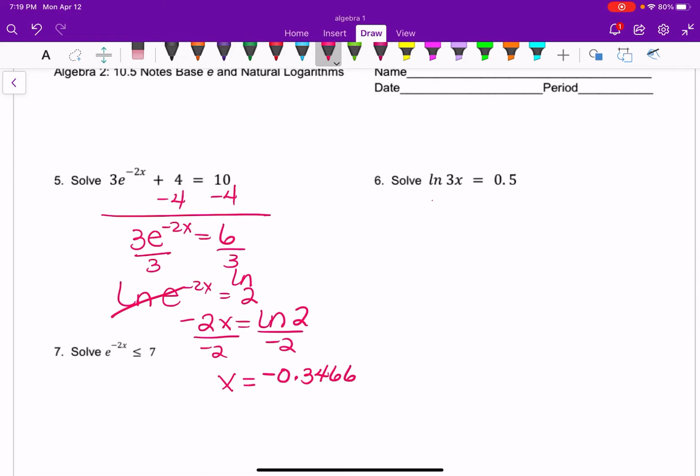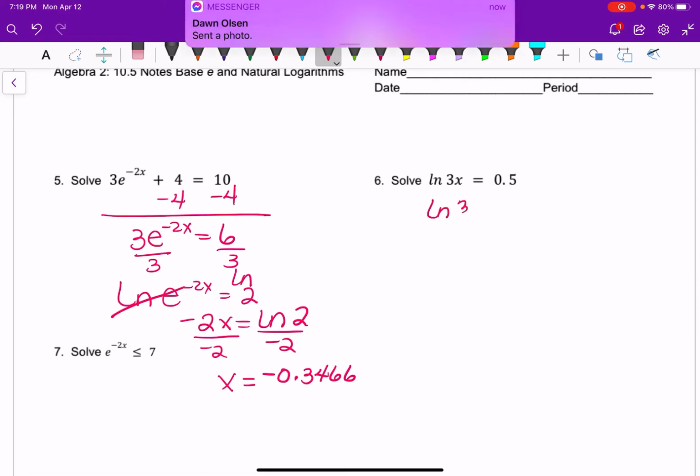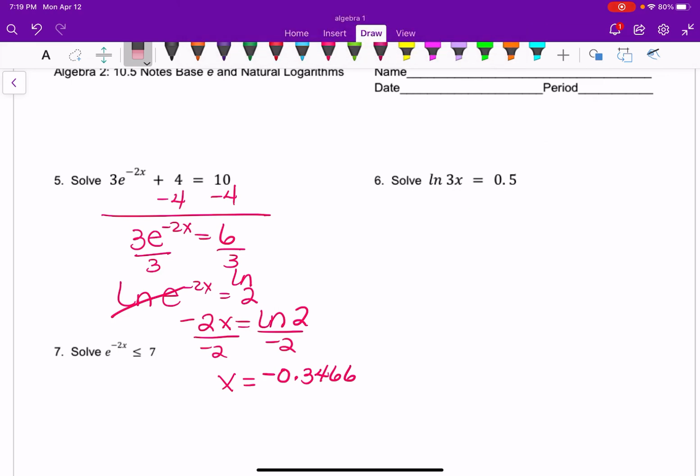So for example, we have ln of 3x equals 0.5. Let's put them both as a power of e. That's a legal move because we're doing the same thing to both sides. We're just making e the base on both sides. What that does is cancel this out because they're inverses of each other.